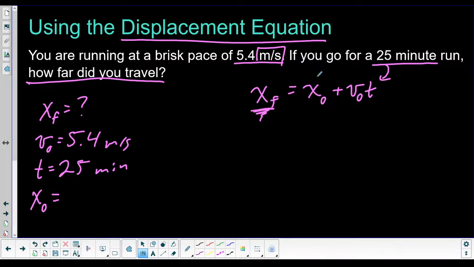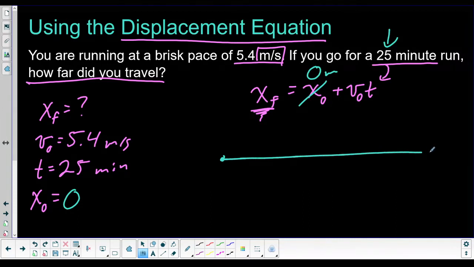So what we're going to do is, because they don't tell us where they want the starting position to be, we're going to assign the value of 0 to it. We're going to say wherever the problem starts, wherever I start recording this 25 minutes of time, that location is where I say 0 is. That's the origin. So here's the origin. I run.